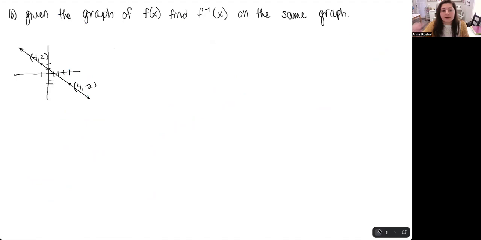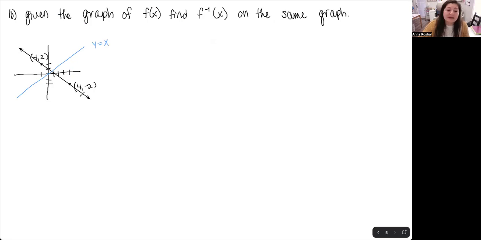Let's do the last one. It says, given the graph of this function, find the other function on the same graph. You can do this one of two ways. You can go in and say, hey, here's my y equals x graph. Or you can just flip-flop the x and y.